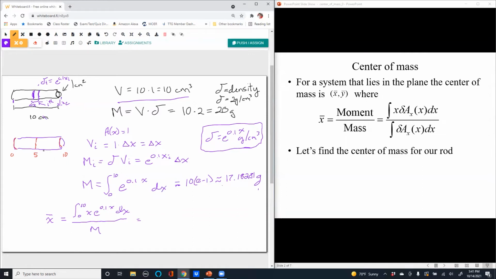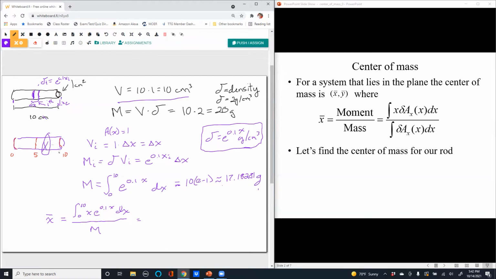Would you want to put your finger between 5 and 10 somewhere, or between 0 and 5 somewhere? I know it's not a perfect rod, but think of a baseball bat. A baseball bat is less dense on the end you hold, and more dense on the far end. Somewhere on this side, right? We would expect it to be somewhere between 5 and 10.